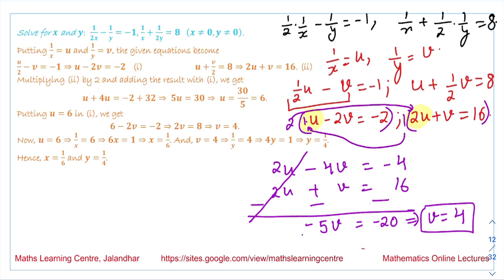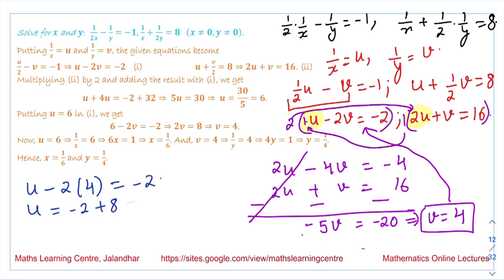Suppose we substitute this value of v in this equation over here, then the answer we get is u minus 2 times 4 is equal to minus 2. So u is equal to minus 2 plus 8, that is equal to 6.